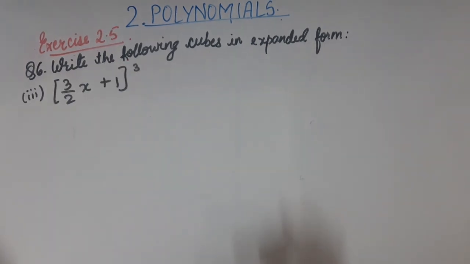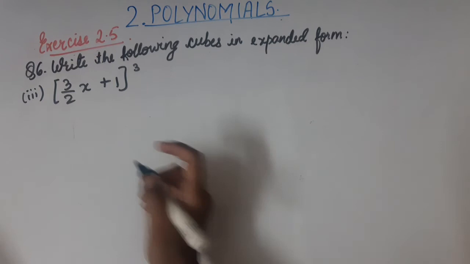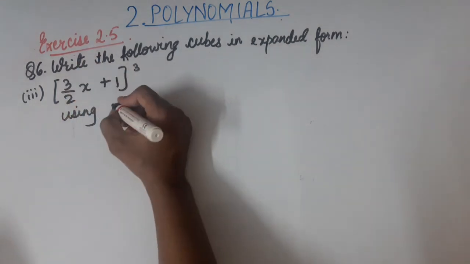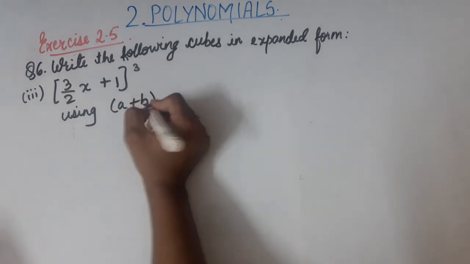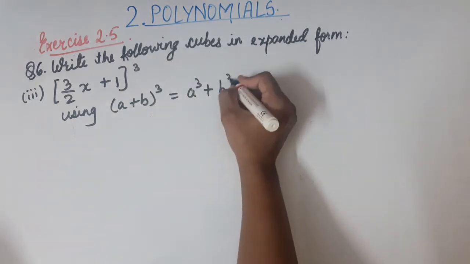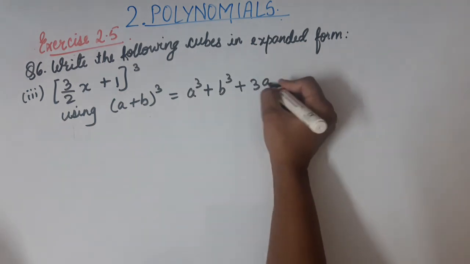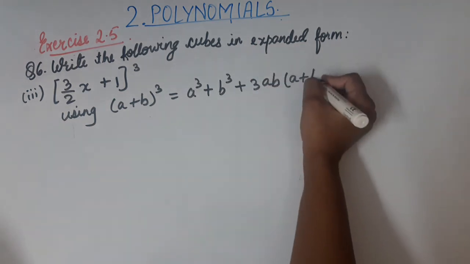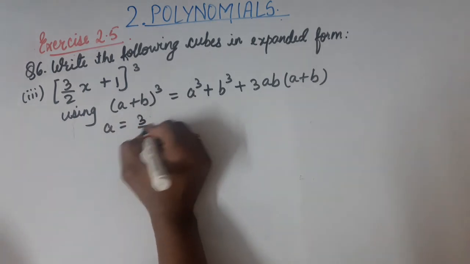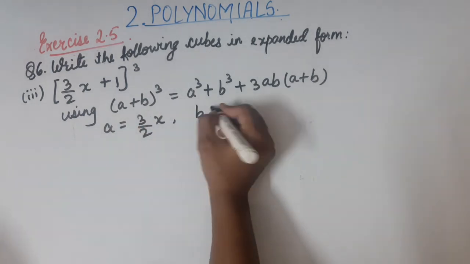So the third one is (3/2 x + 1) whole cube. Again, using which identity? Since the question is in x, let us use the identity in a and b: (a + b) whole cube is equal to a cube plus b cube plus 3ab in bracket a plus b. So compare and get the values of a and b. a is 3/2 x and b is 1.